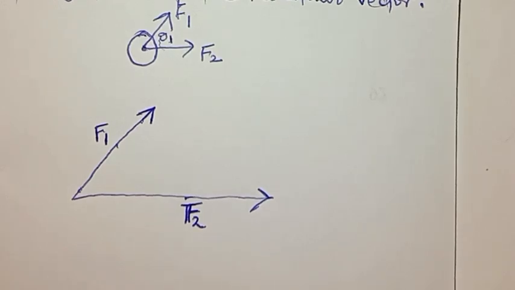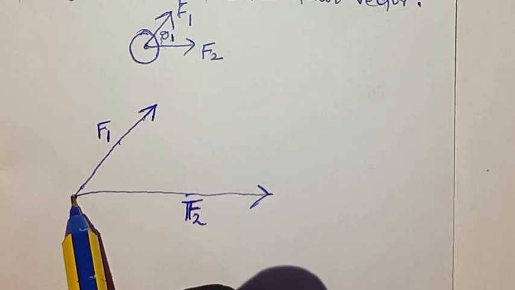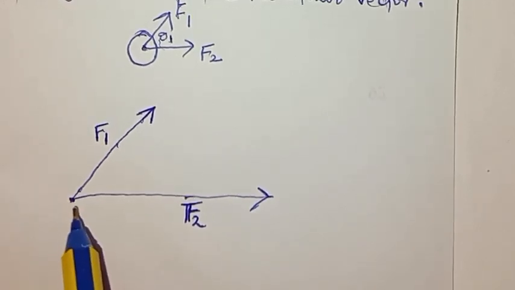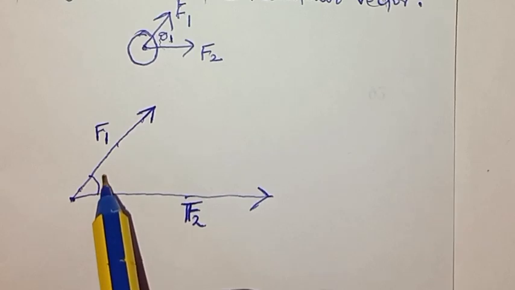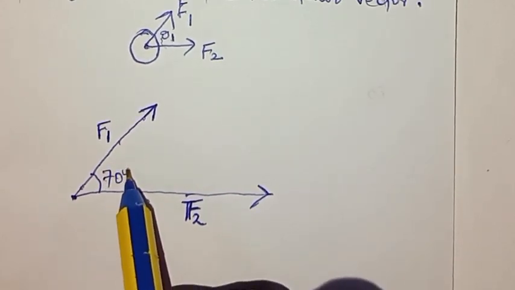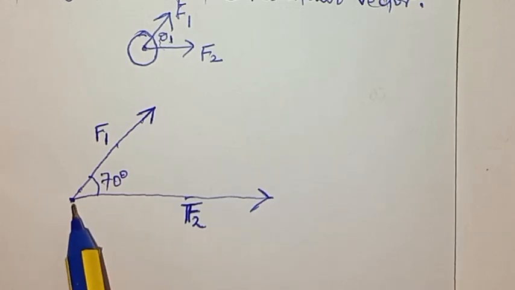They are concurrent, meaning they start from a point, and the angle between F1 and F2 is 70 degrees. So it looks like a parallelogram.